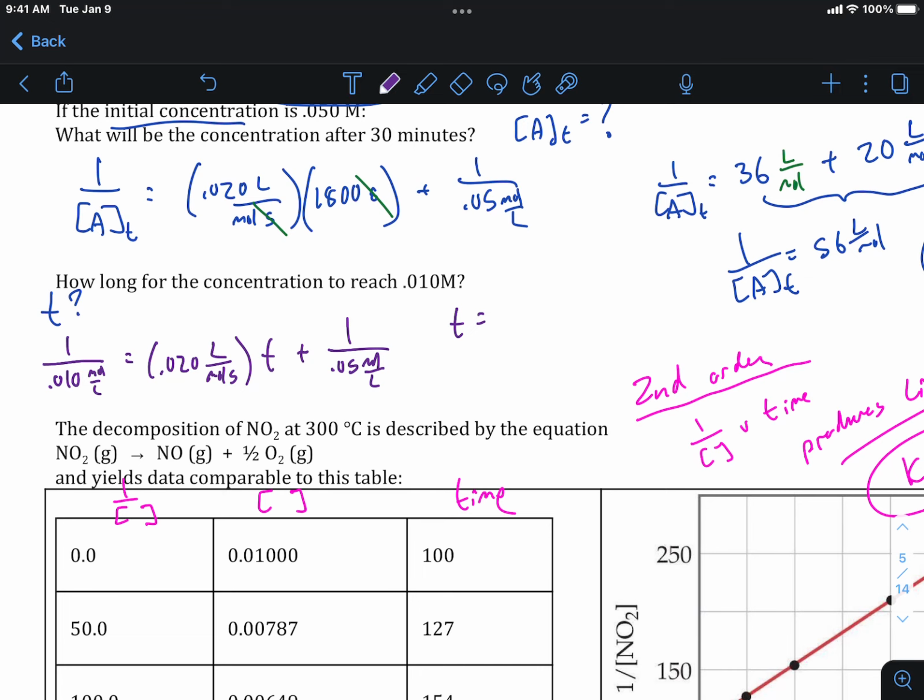All right. Someone else give me a value here. Yeah, Zoe, what'd you get? 4,000 seconds, yes. 4,000 seconds, or roughly 66 and 2/3 minutes.